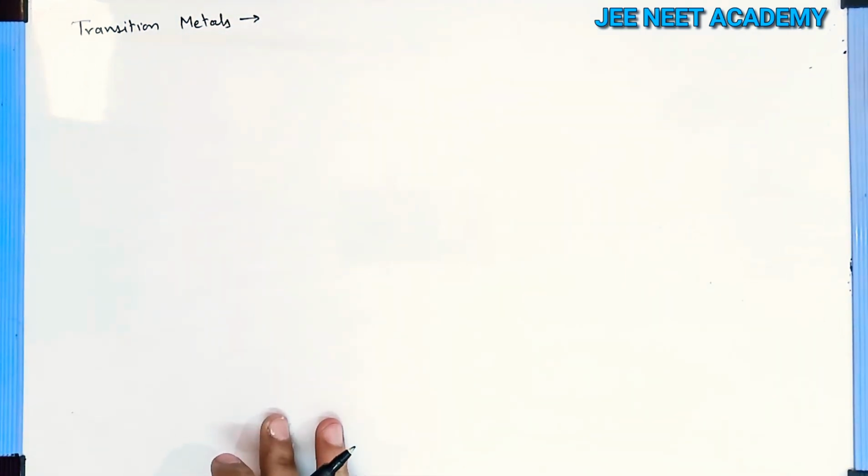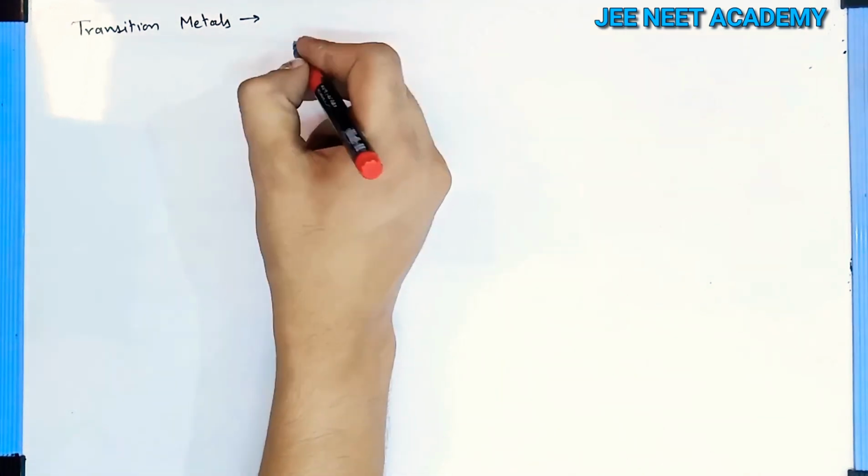Transition metals: all d block elements which have at least one unpaired electron, either in neutral state or in their common oxidation state, are called transition elements. Here we should understand that it can be neutral or ionic, in any form. I'll write it first.